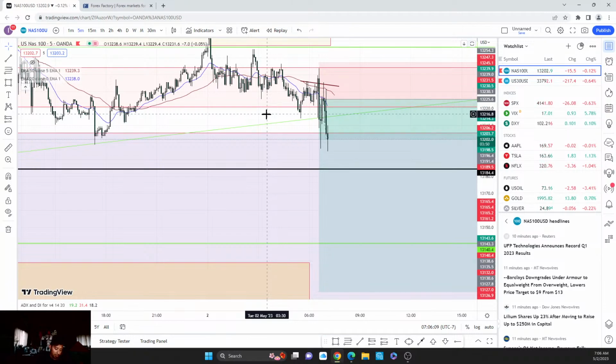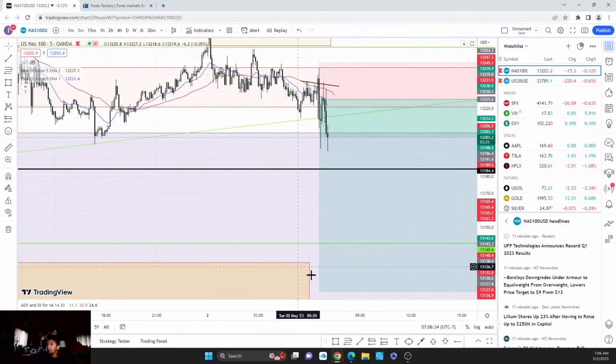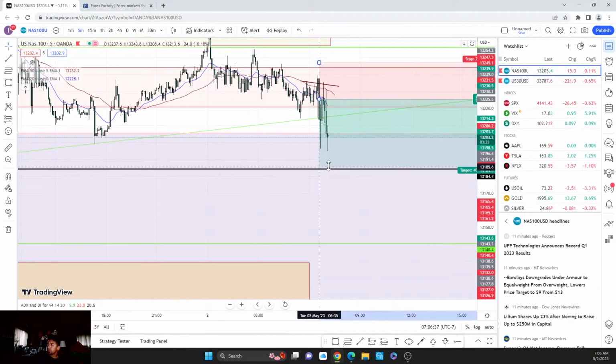I'm gonna move my stops to 222.50. We'll see what happens from here. So I think for sure, taking price out here would be a good idea.